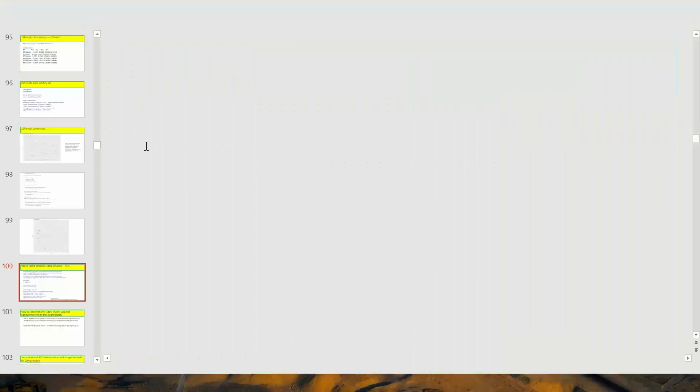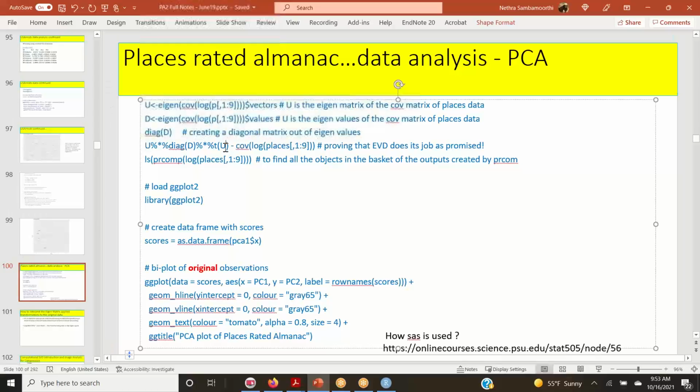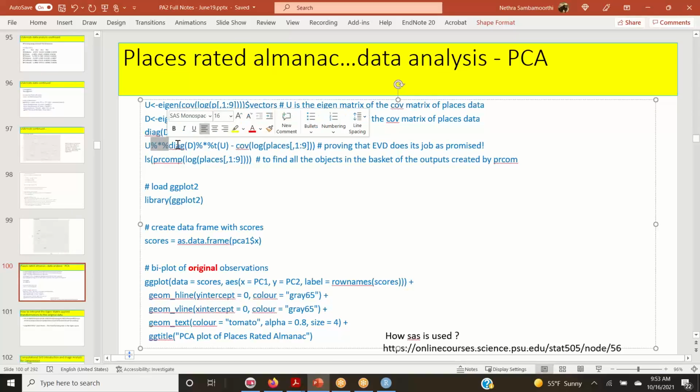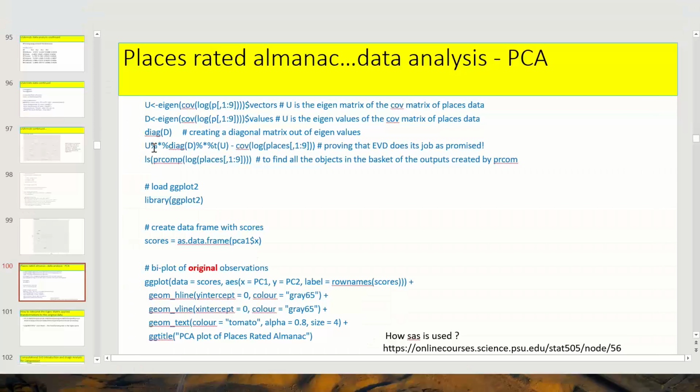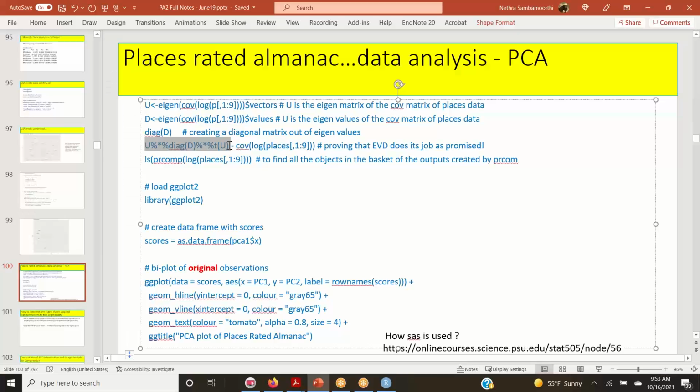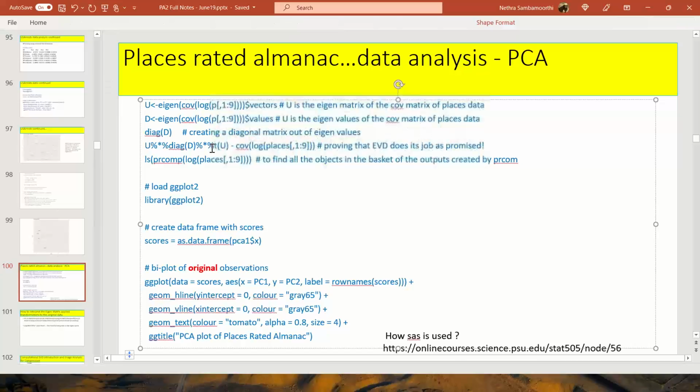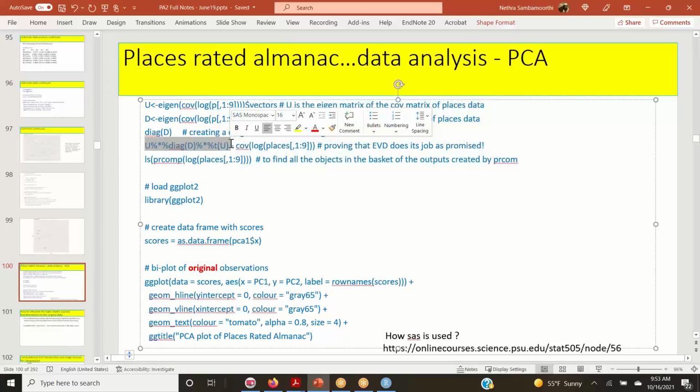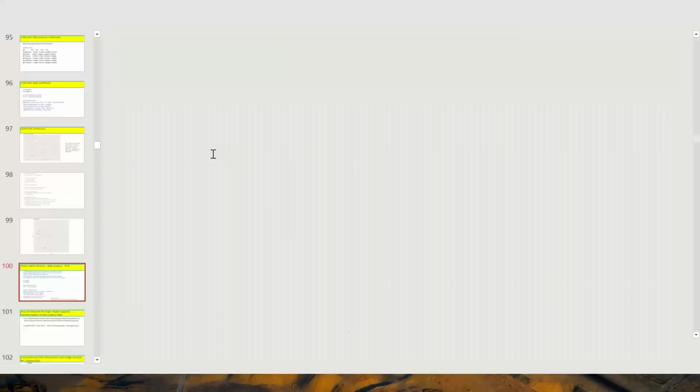Now, then I'm doing this. U matrix multiplication, the diagonal of D matrix multiplication, minus the covariance matrix. That is to show that this decomposition actually is an alternative way of representing the variance covariance matrix, providing the eigenvalue decomposition does its job as promised. So this is perfectly equal. That's what I showed you last time also, right?